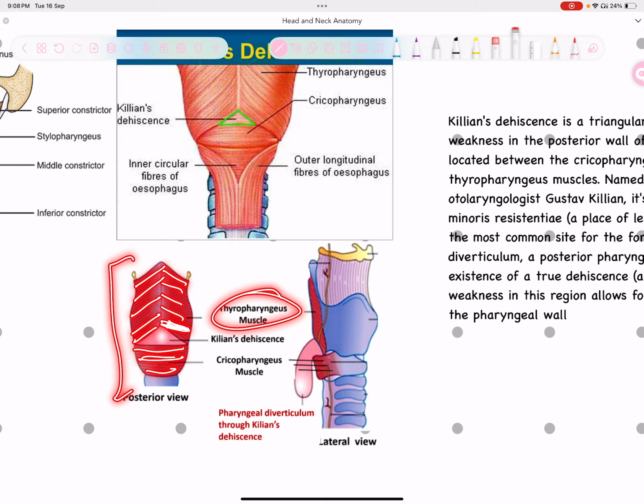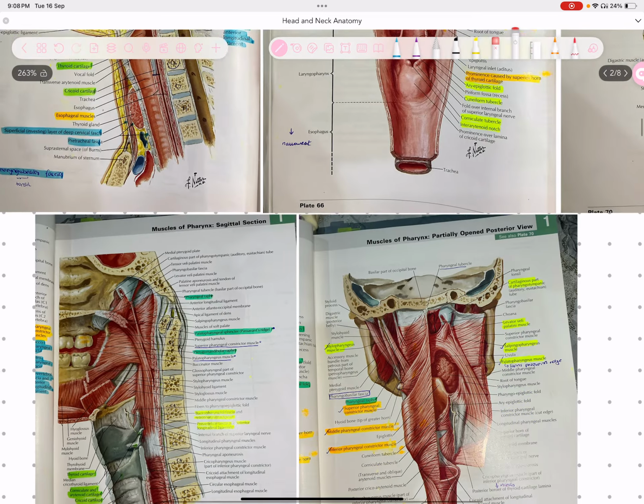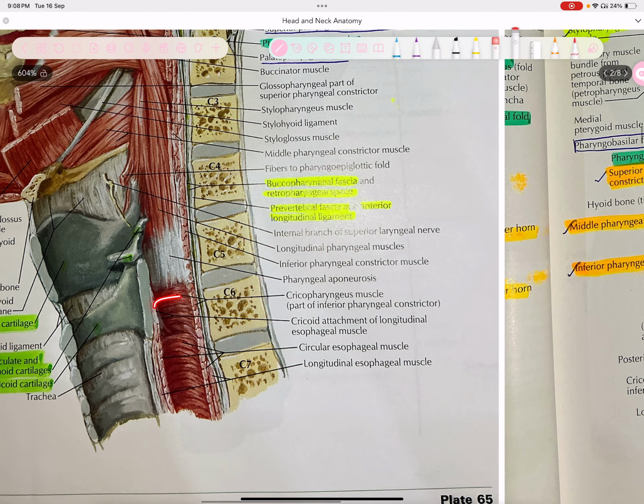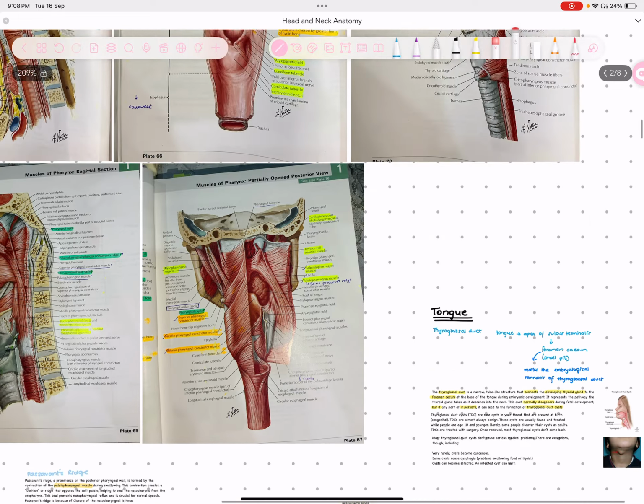And the sphincter part of the inferior constrictor muscle is the cricopharyngeus muscle, whose fibers arise from the cricoid cartilage. This part.